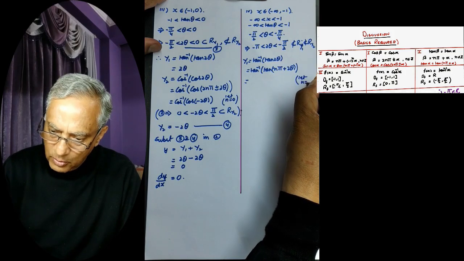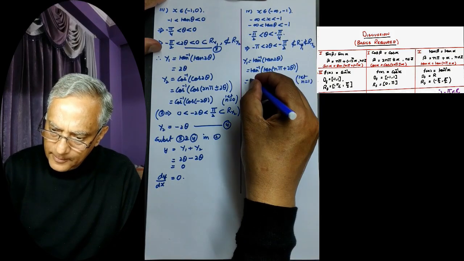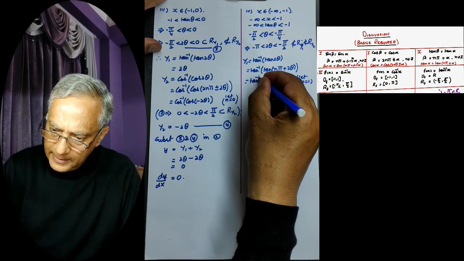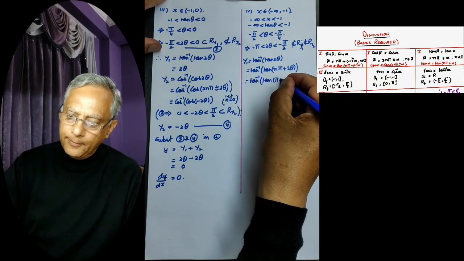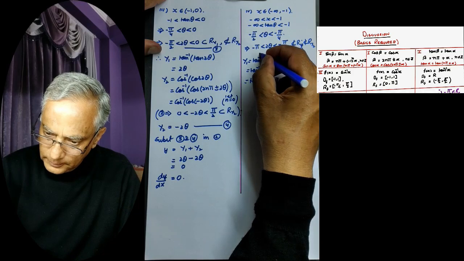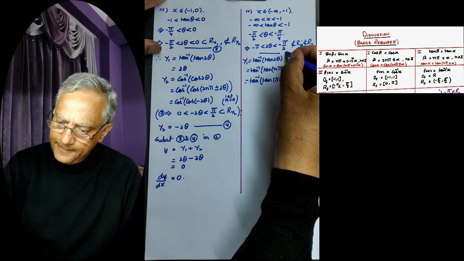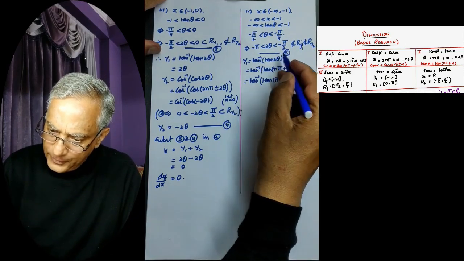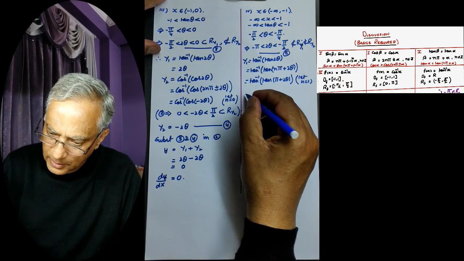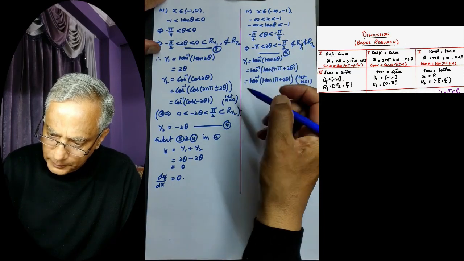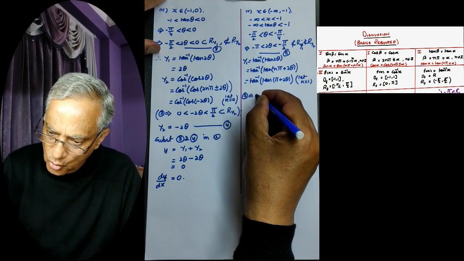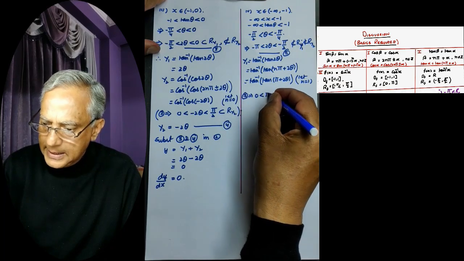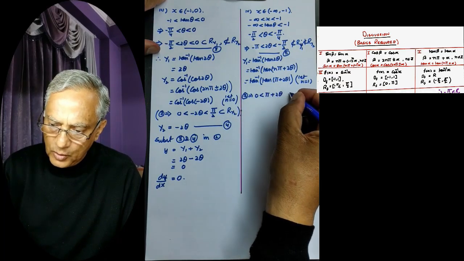So this will be equal to tan inverse tangent of pi plus 2 theta. And from 5 we have, add pi here, this will be 0 is less than pi plus 2 theta is less than pi by 2.